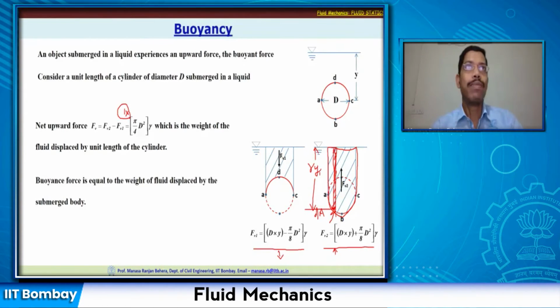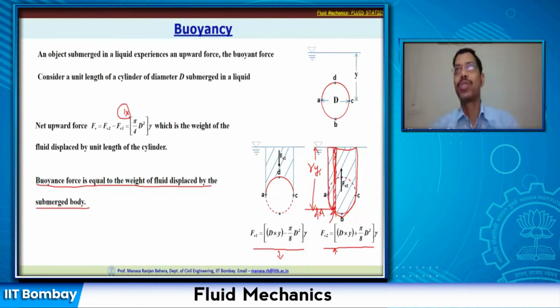So you have the area of the cylinder here. So unit length of the cylinder is going to displace this liquid, and the weight of that liquid is nothing but the force that is acting on this body in the upward direction. So this is the buoyancy force which is acting on this body. So buoyancy force is equal to the weight of the fluid displaced by the submerged body.